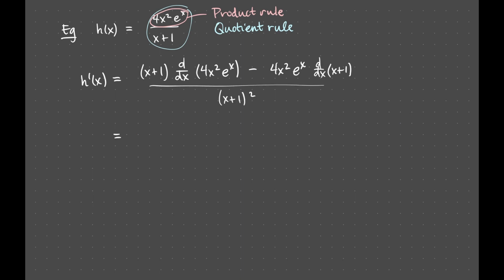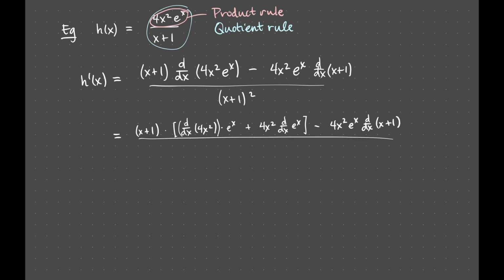Now, let's take a look at the derivative of 4x squared e to the x. This derivative can be found using the product rule, which says that we should apply d dx to each term in the product separately and then add those terms together. What we get when we do so is 8x e to the x plus 4x squared e to the x.